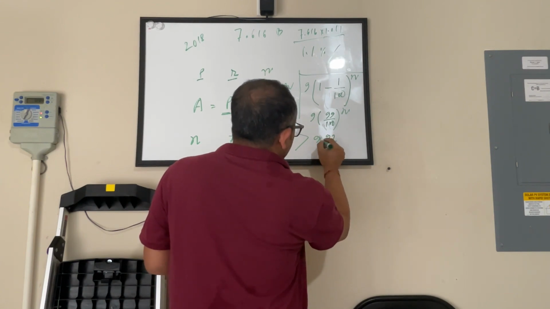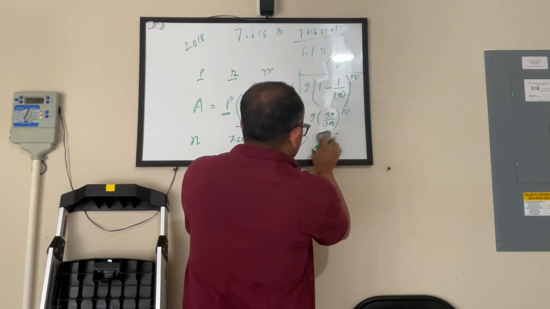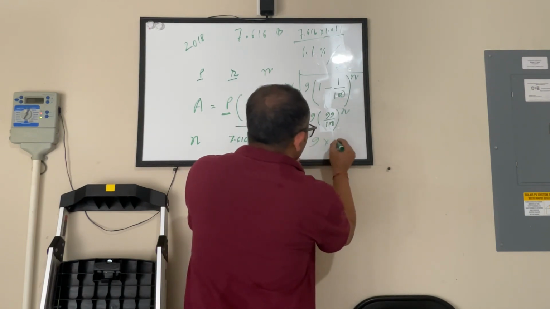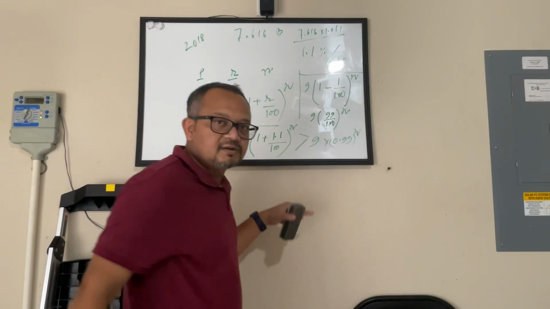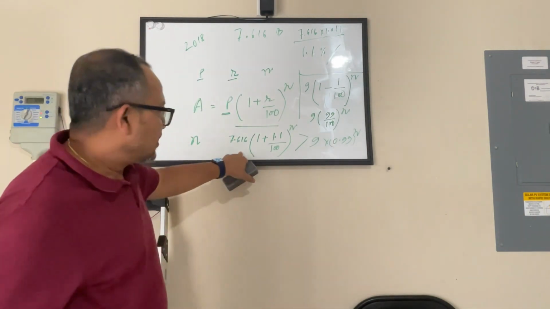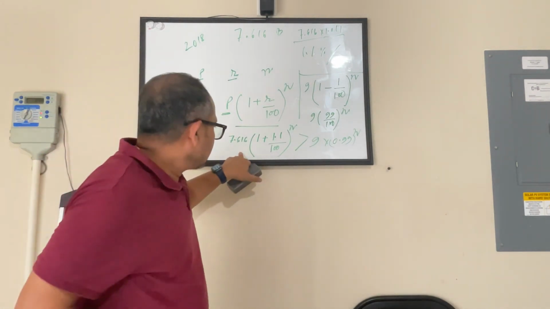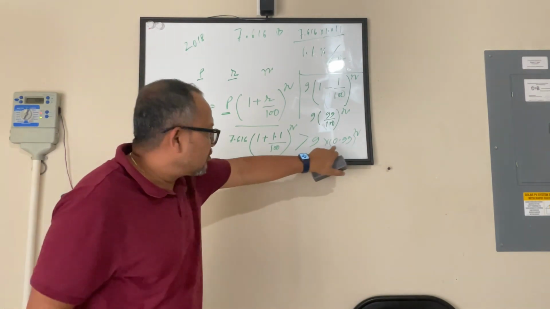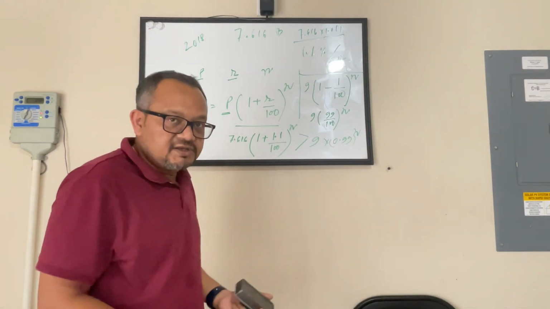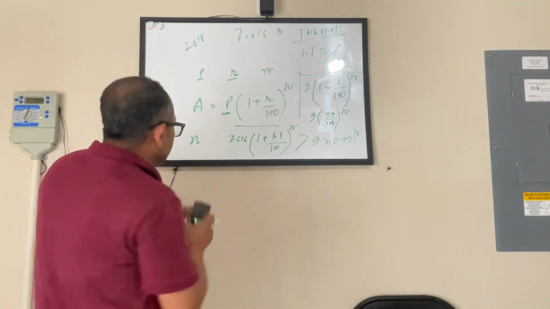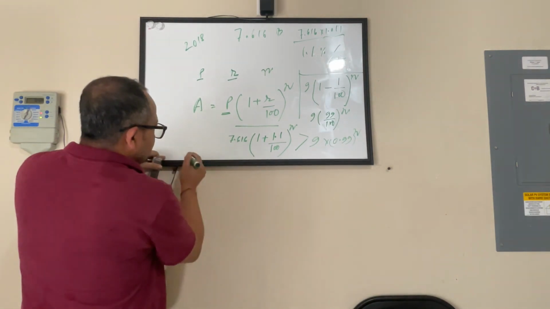Or I'll just write 0.99, 9 into 0.99 to the power n. Whatever my population becomes after n years is more than what my natural resources capacity is. Now we have to do this calculation also.